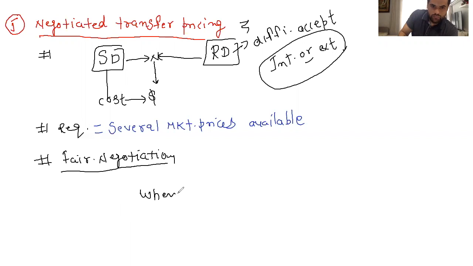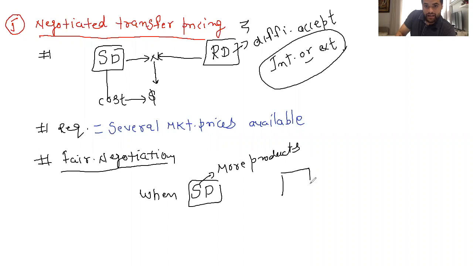Unfair negotiation exists when the supplying division has more products and the receiving department has more resources.